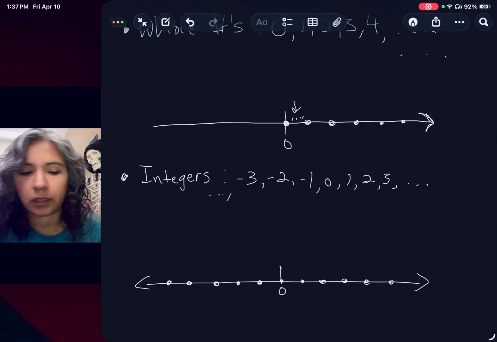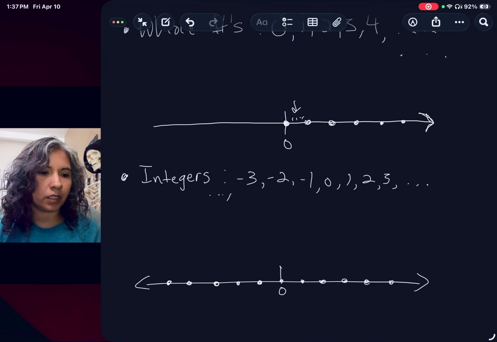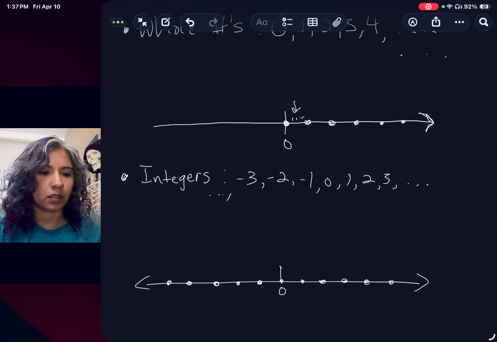It infinitely decreases and infinitely increases. So the integers are all whole numbers that are positive and negative.